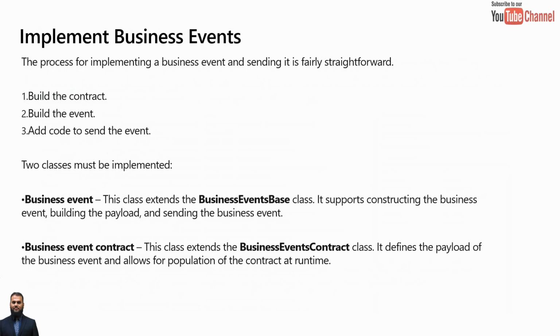It also helps in building the payload itself and sending the business event. Payload means whatever data you need to transfer. Then there is a contract class which needs to extend from the business event contract. It defines the payload of the business event and allows for population of the contract at runtime.